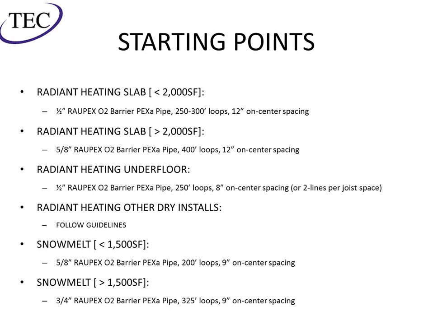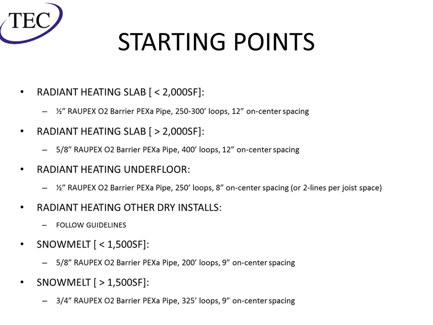You can definitely swap these in and out depending on the application. But if you have zones over 2,000 square feet, I would definitely consider switching to a 5/8 inch tube with a 400-foot loop.